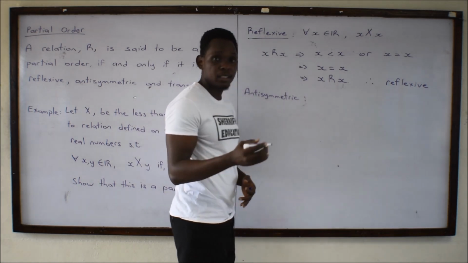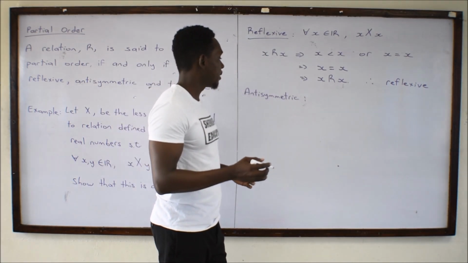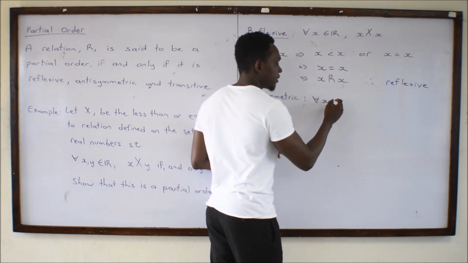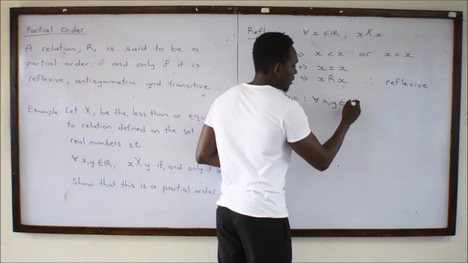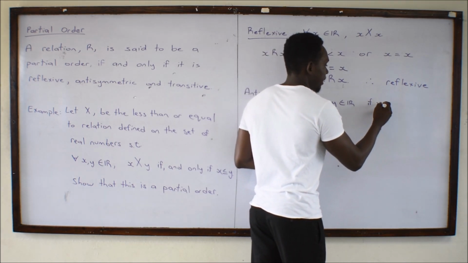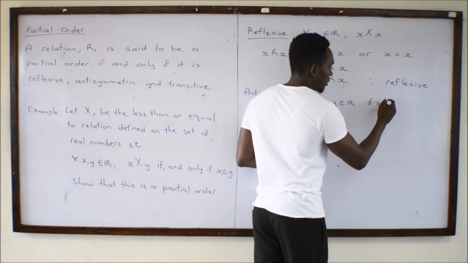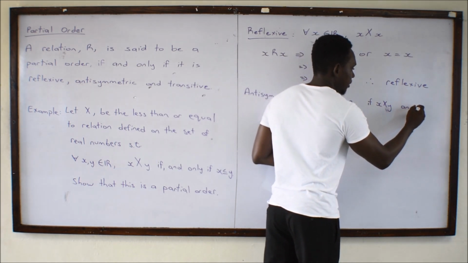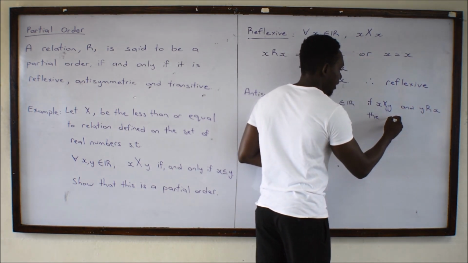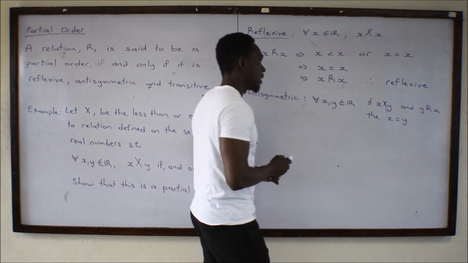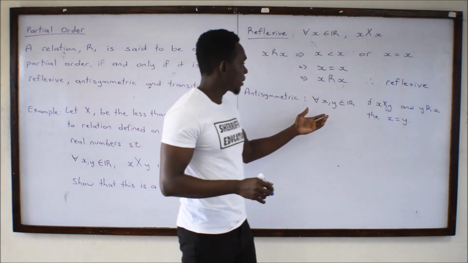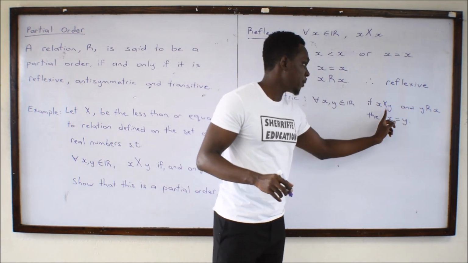Now, if you recall from earlier in the video, the antisymmetric property says that for all X and Y in R, basically we can say if X is related to Y and Y is related to X, then X must be equal to Y. So what we are going to do is assume that both of these are true.